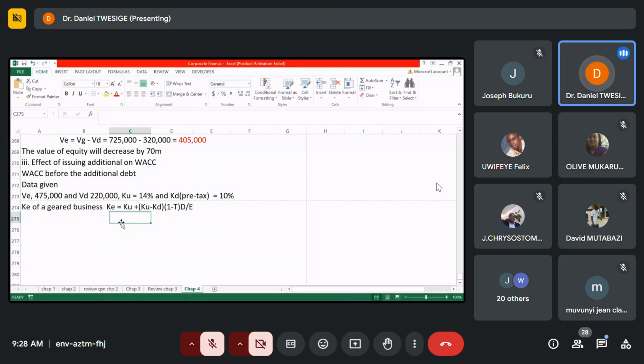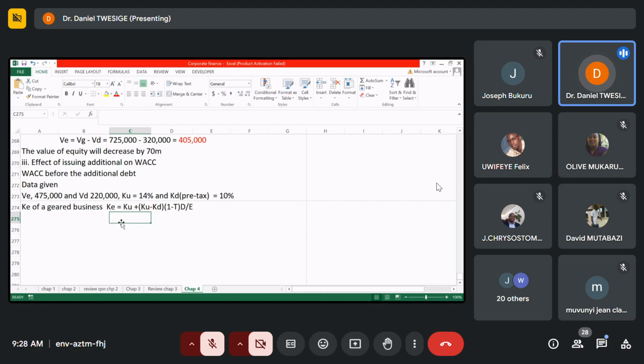We need the cost of equity of a geared business. And basing on the data we have, how can we get it? Automatically, you're going to apply Modigliani and Miller theory.